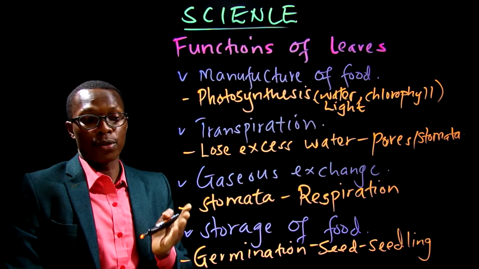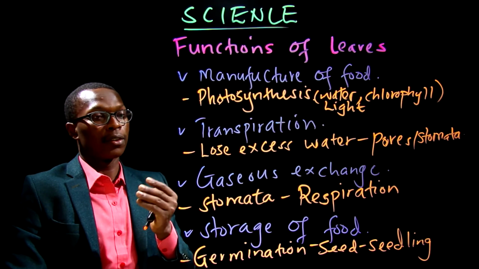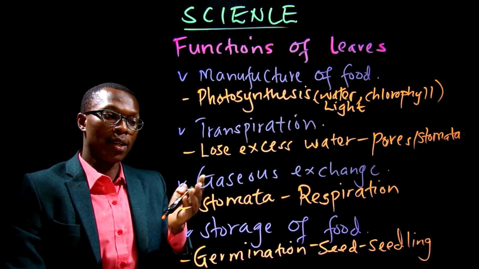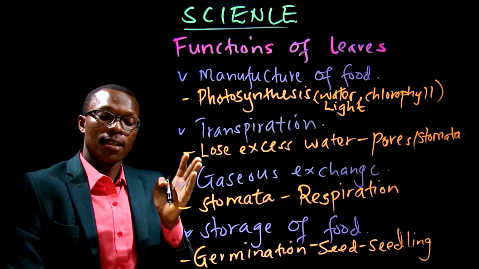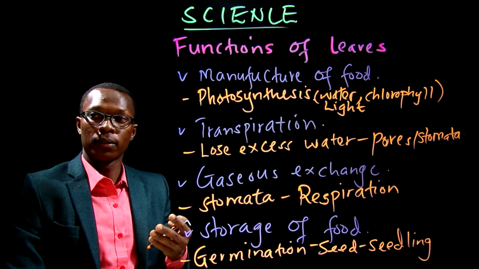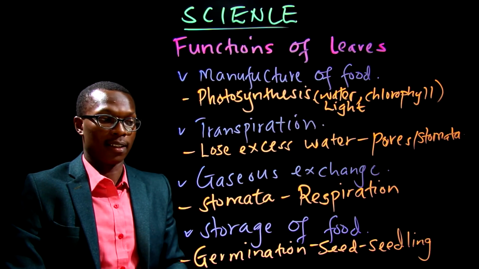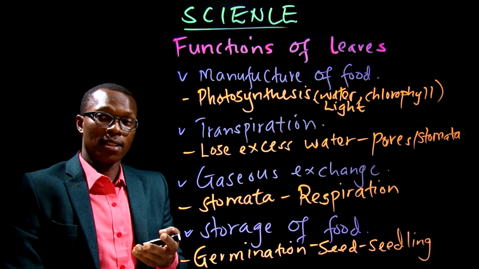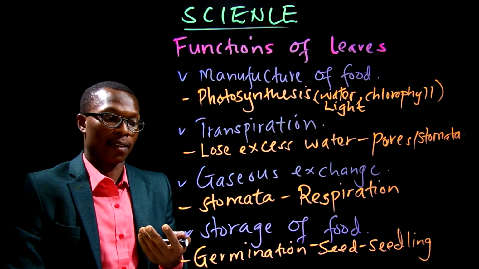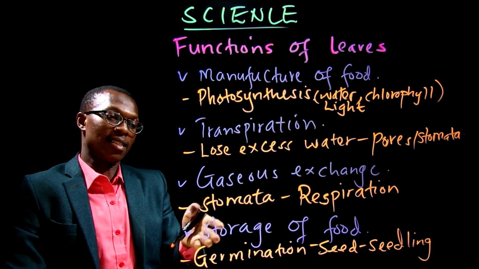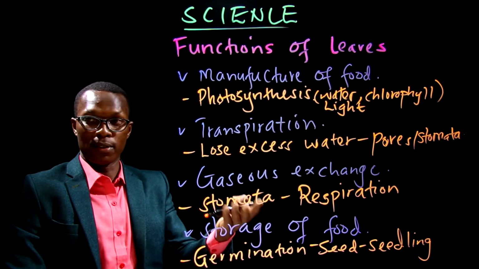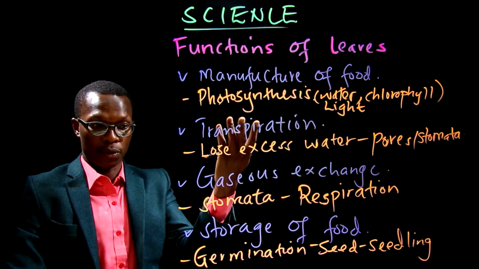Because remember, when we were talking about the parts of a plant, we said that plants need some of these parts to grow well and to grow healthy. One of the things that plants need is nutrients. These nutrients will come from the food they store, and this will help them to grow.